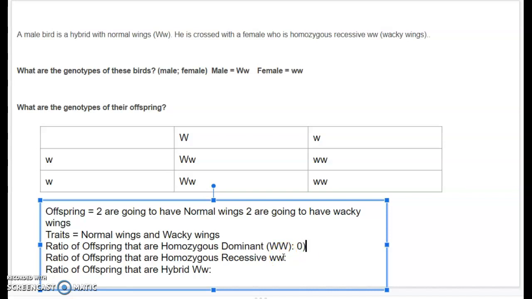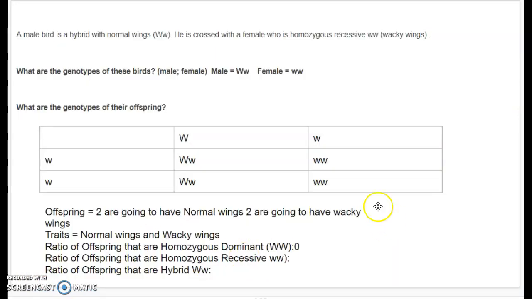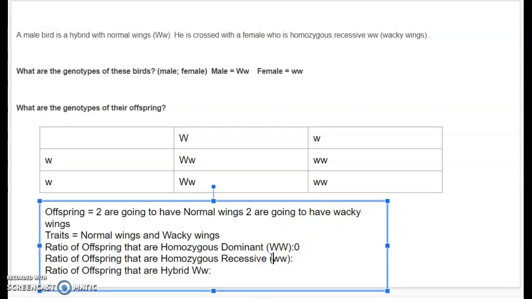Now I'm going to look at my recessive. And my recessive are my small letters, or my lowercase letters, which are our homozygous recessive. So if I look at these squares, I have 2.